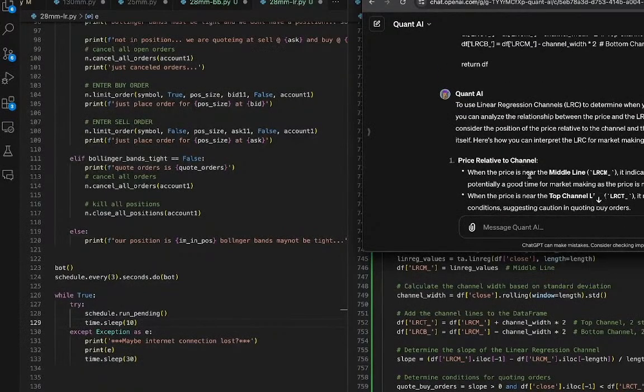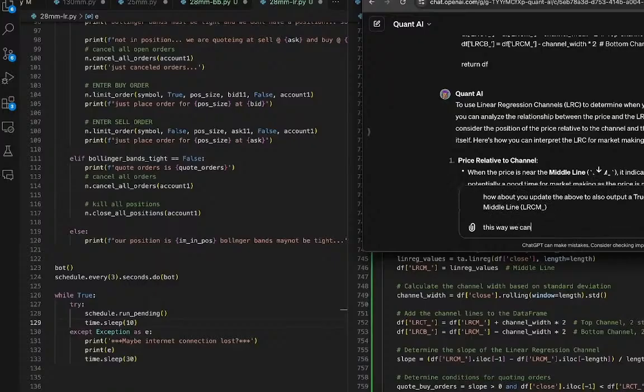Also, how about we do this? How about to also output the true for if we are near that.